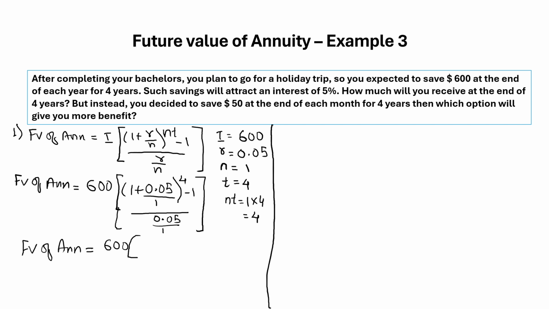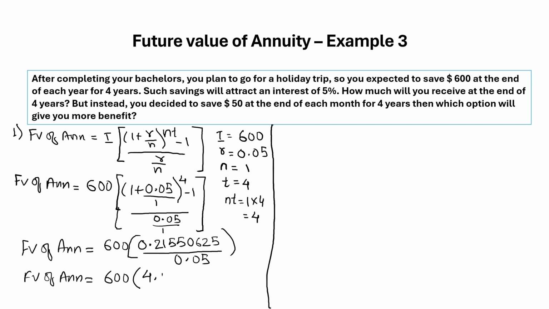So the answer which we will be getting is 0.2155, 0.0625. This we will divide by 0.05. So keep the same on your calculators and divide it by 0.05. So future value of annuity we will get is 600 multiplied by 4.310125.